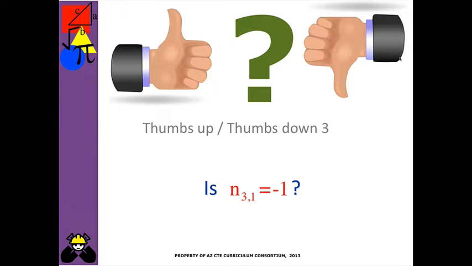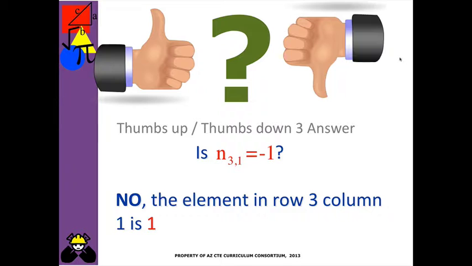All right. Is n sub 3,1, that element, equal to -1? Teacher, have the students show you thumbs up or thumbs down. Let's check. No. The element in row 3, column 1 is a positive one, not a negative one. So that was a no.